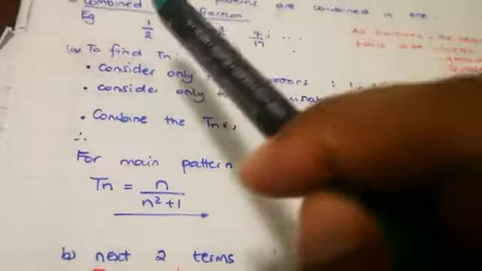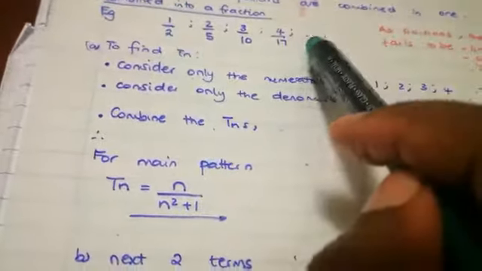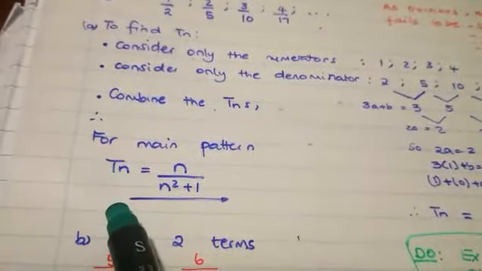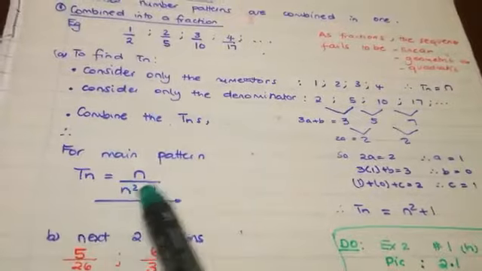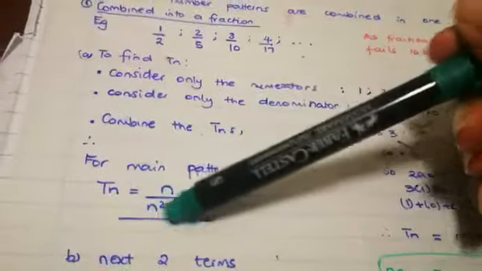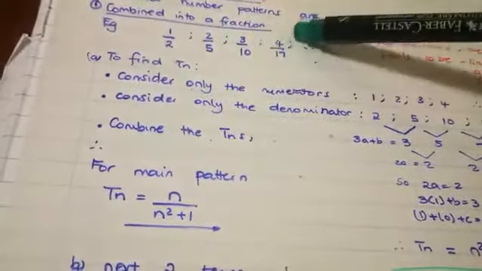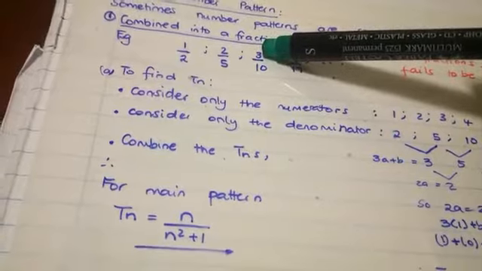Then, because we are asked to find Tn of the main number pattern, Tn is going to be n from the numerator and n squared plus 1 from the denominator. This is what has been used to generate the terms of the sequence. Now you can check for yourself. Let's check this one. N here is 3.